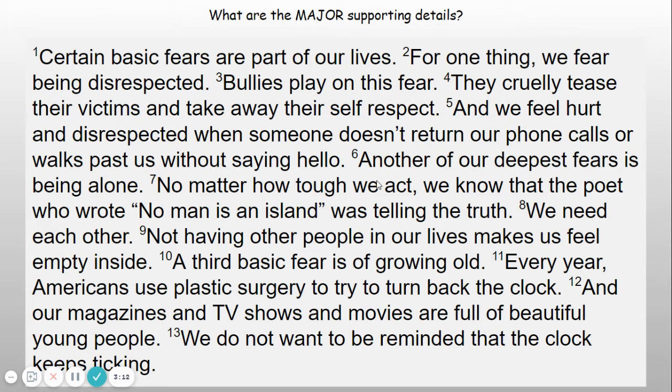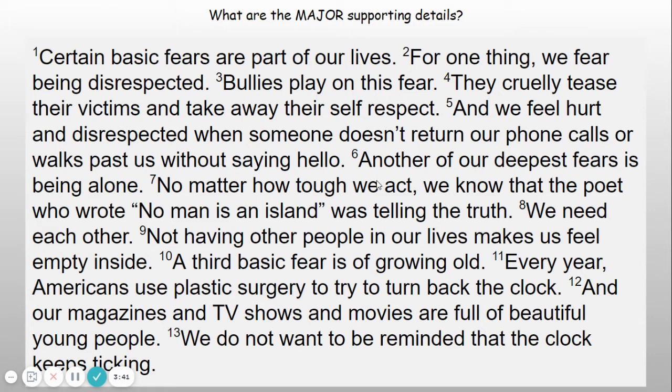No matter how tough we act, we know that the poet who wrote "No Man is an Island" was telling the truth. We need each other. Not having other people in our lives makes us feel empty inside. A third basic fear is of growing old. Every year, Americans use plastic surgery to try to turn back the clock. And our magazines and TV shows and movies are full of beautiful young people. We do not want to be reminded that the clock keeps ticking.